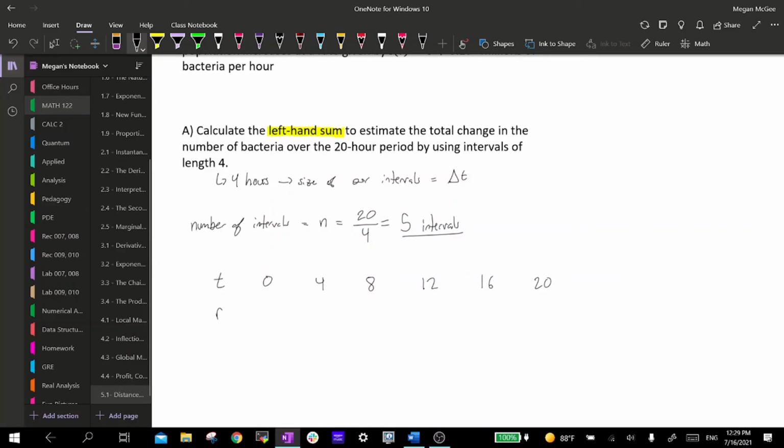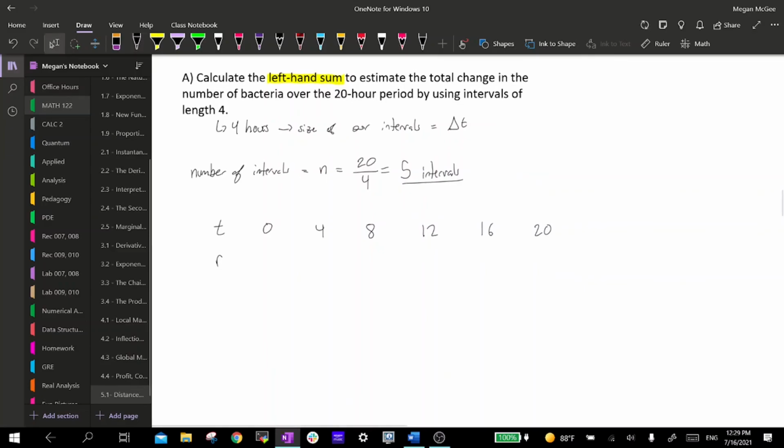And now we need to calculate the rate at each t value. So this is r of t, and remember, r was given to us as f of t is equal to 3 plus 0.1 t squared. So this is the formula I'm using to fill in these values down here.